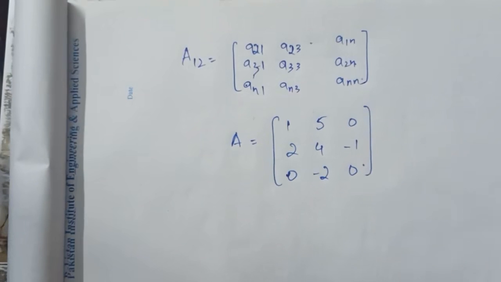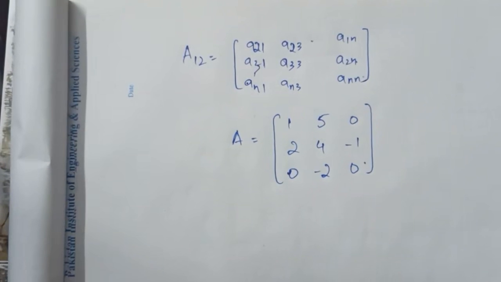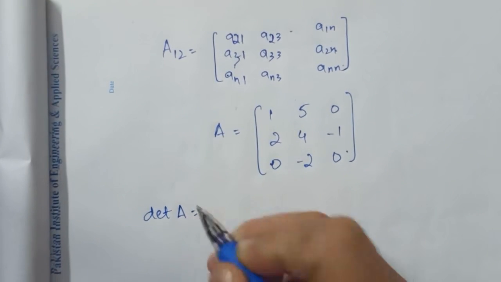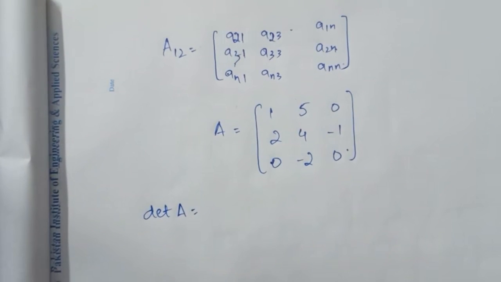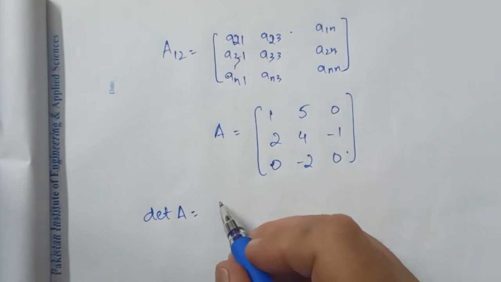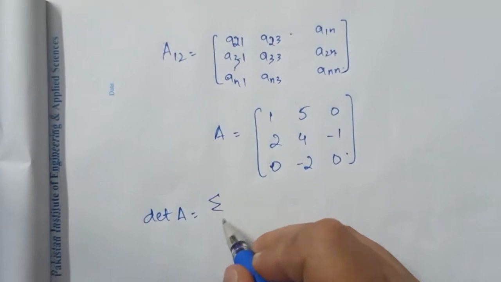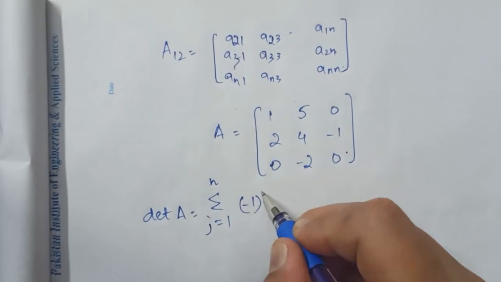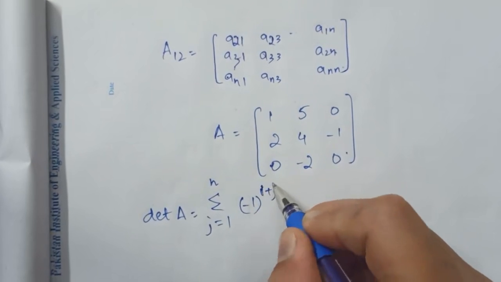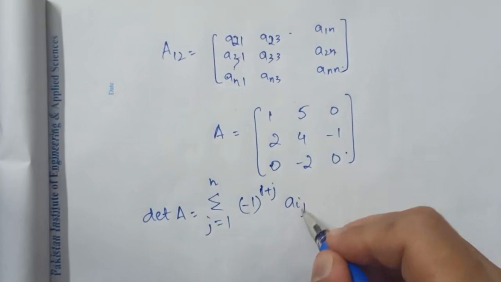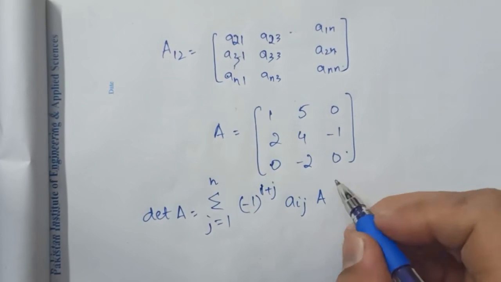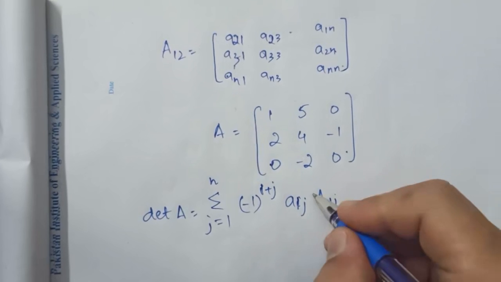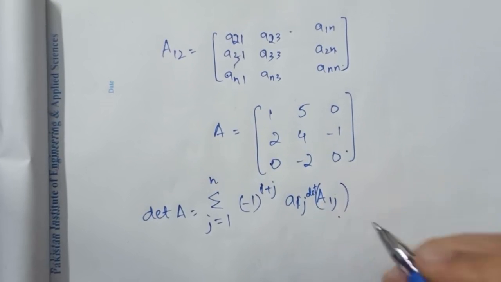The determinant of A can be expanded in this form: the sum over j equals 1 to n of minus 1 to the power 1 plus j, A1j determinant of A1j.